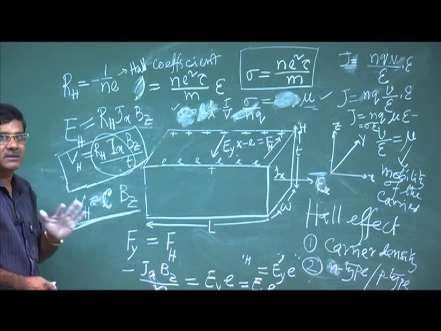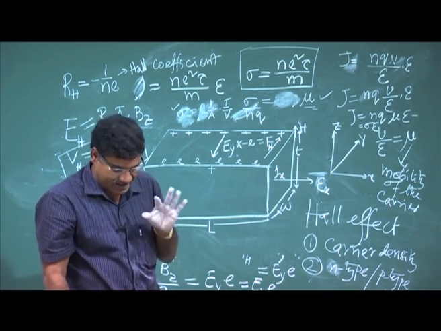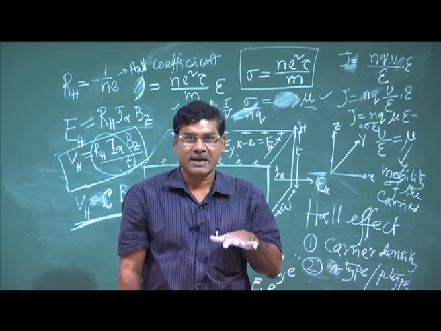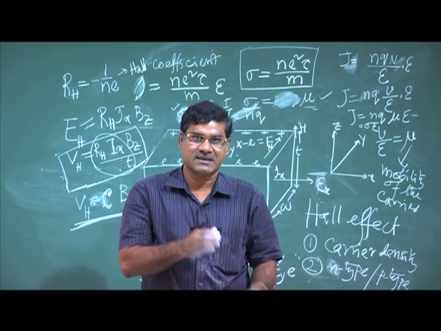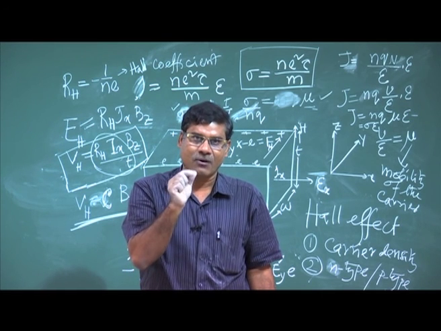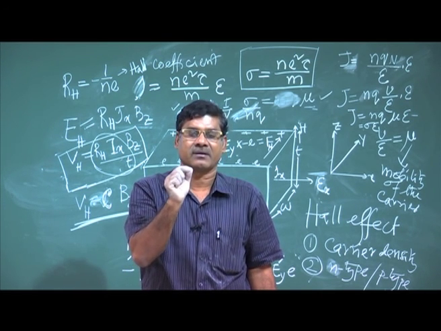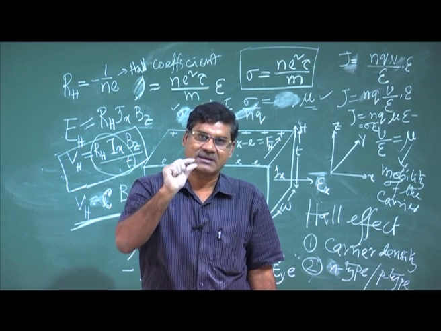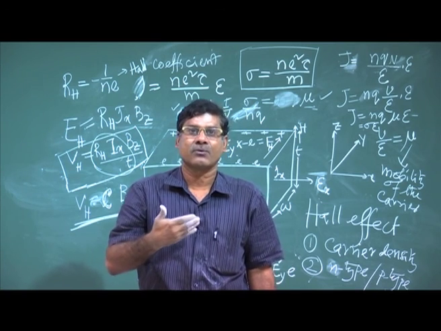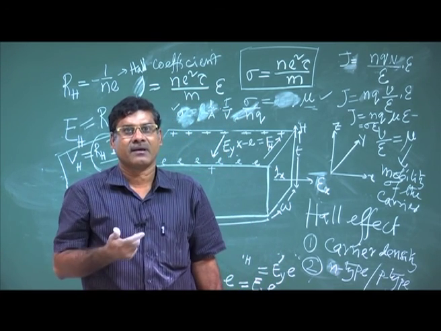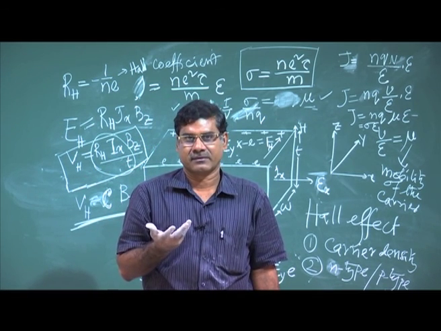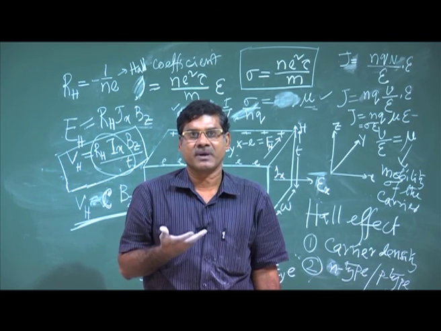So, if you see any Hall probe in your lab or in higher education, used for measuring the magnetic field, there is a small sample in that probe, and that sample is very thin. Because for the same magnetic field, with this geometry, I will get higher Hall voltage. So, my sensor will be sensitive.